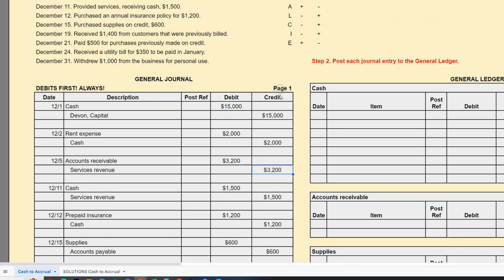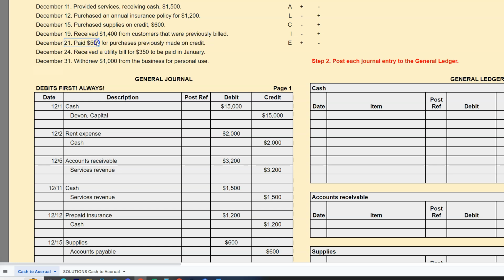All right, now why are we paying this cash? We are paying $500 for purchases previously made on credit. So in the past, when we made these purchases, we said, oh, we will pay for it later. Perhaps it has something to do with these supplies we bought, right? So back when we went ahead and made these purchases, we put the balance of what we owed in accounts payable because we owed that money to the vendor.